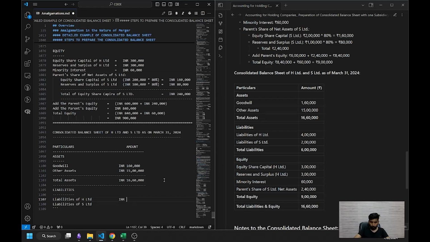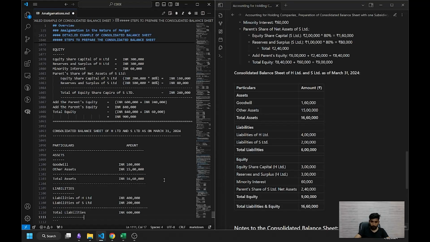Liabilities of H Limited are rupees 4 lakhs and the liabilities of S Limited are rupees 2 lakhs. Making the total liabilities rupees 6 lakhs. Okay.